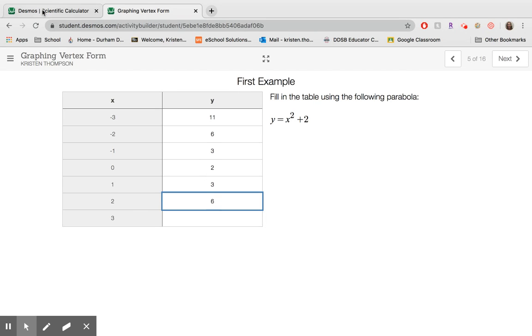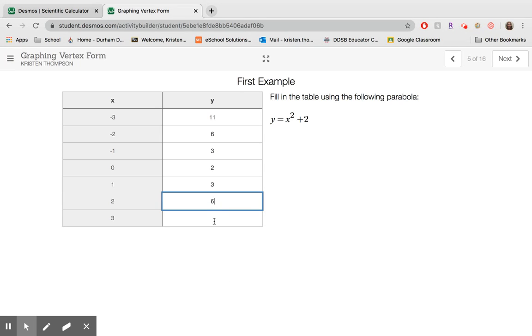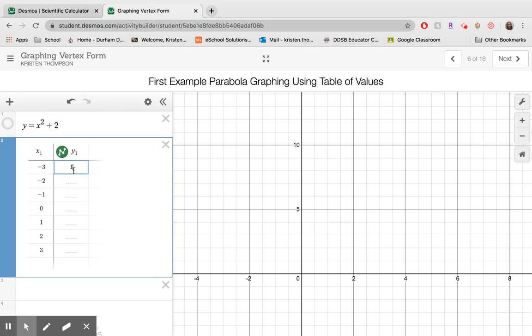And then 3 squared plus 2 is 11. Let's graph this now. So I had 11, 6, 3, 2, 3, 6, 11.